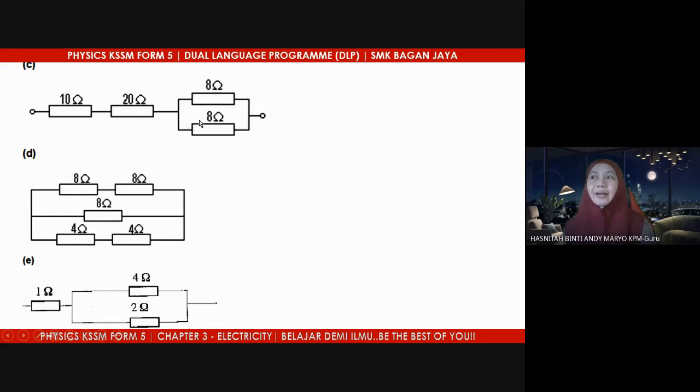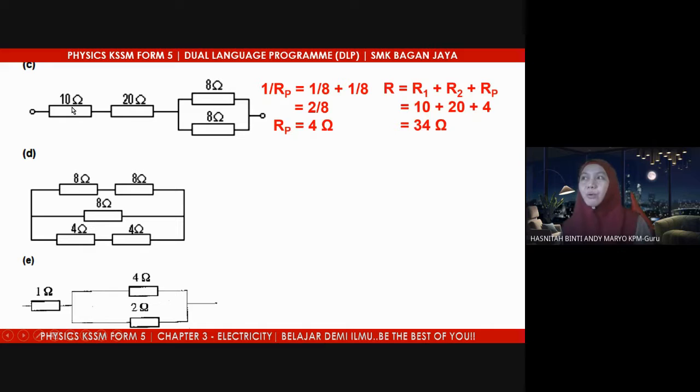So this is the reciprocal for these two, 1 over 8 plus 1 over 8. This will give you 4, as I mentioned. So to find the total, R1 plus R2 plus RP, so 10 plus 20 plus 4, will give you, yes, 34.